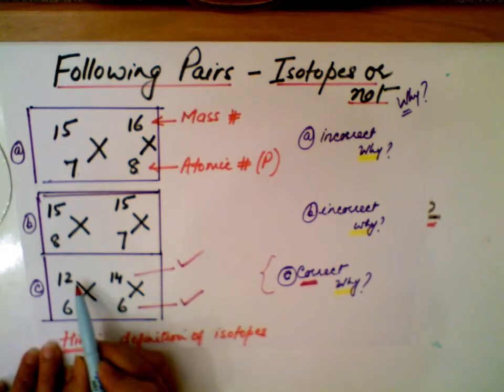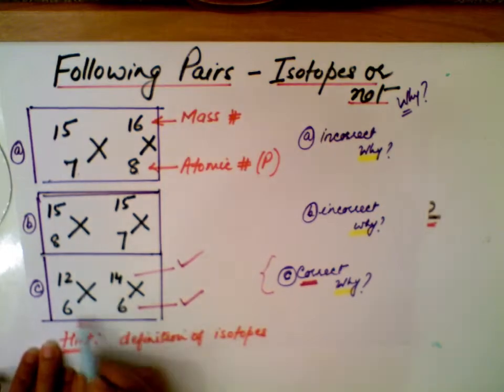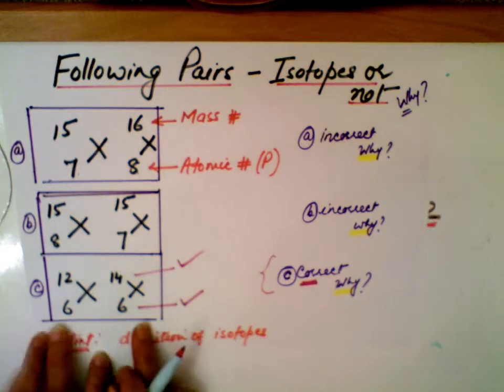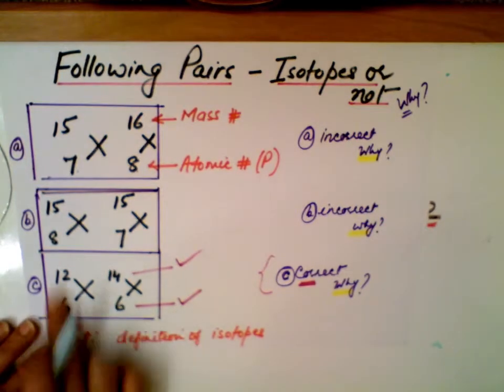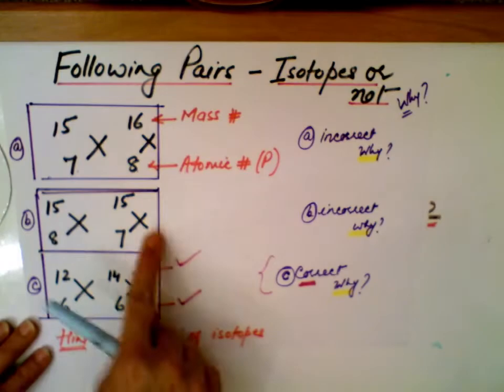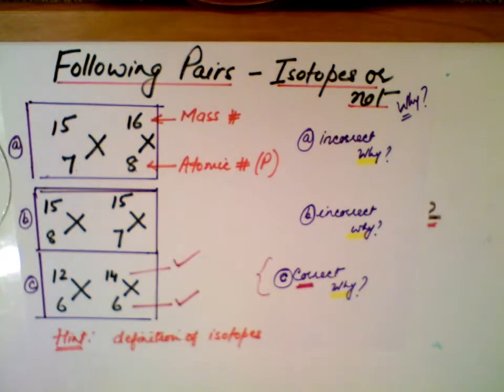Here this one, 12 and 14, makes sense because they are different mass numbers. Also at the bottom it is the same atomic number. So this is the one which is correct. This goes with our definition of isotopes. Neither that nor this, only this one. All right.